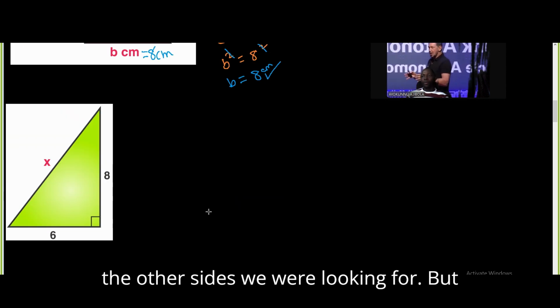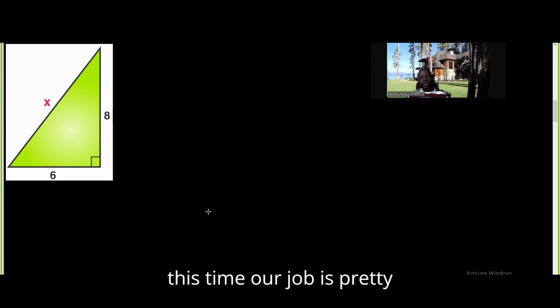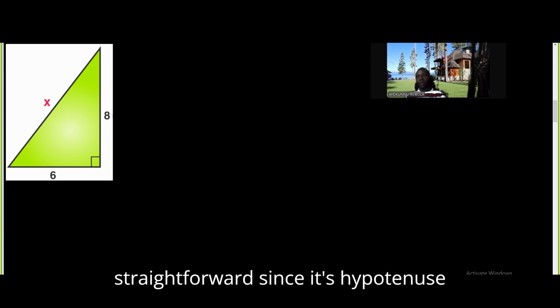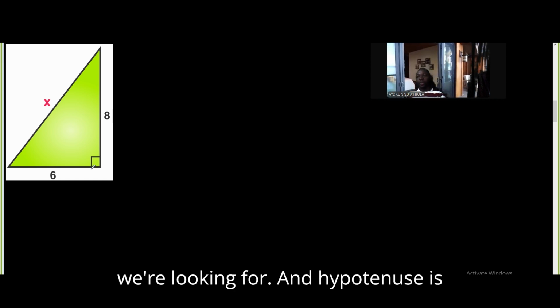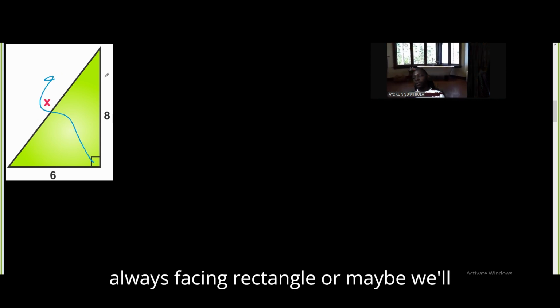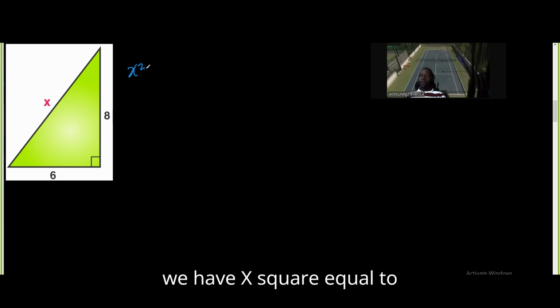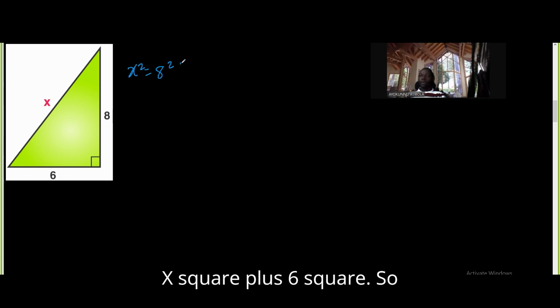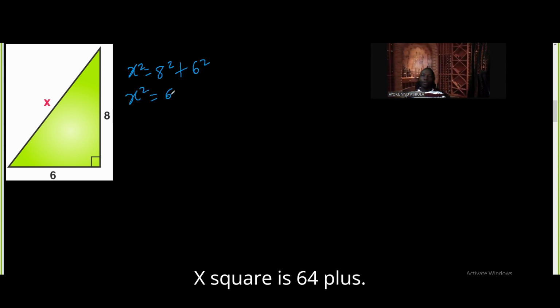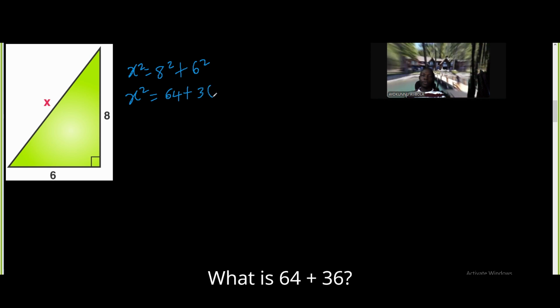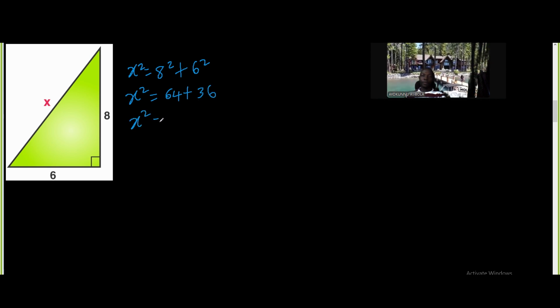But this time, our job is pretty straightforward since it's the hypotenuse we're looking for, and the hypotenuse is always facing the right angle, or maybe we say it's the longest side. Now we have x squared equals 8 squared plus 6 squared. So x squared is 64 plus, what is 64 plus 36?